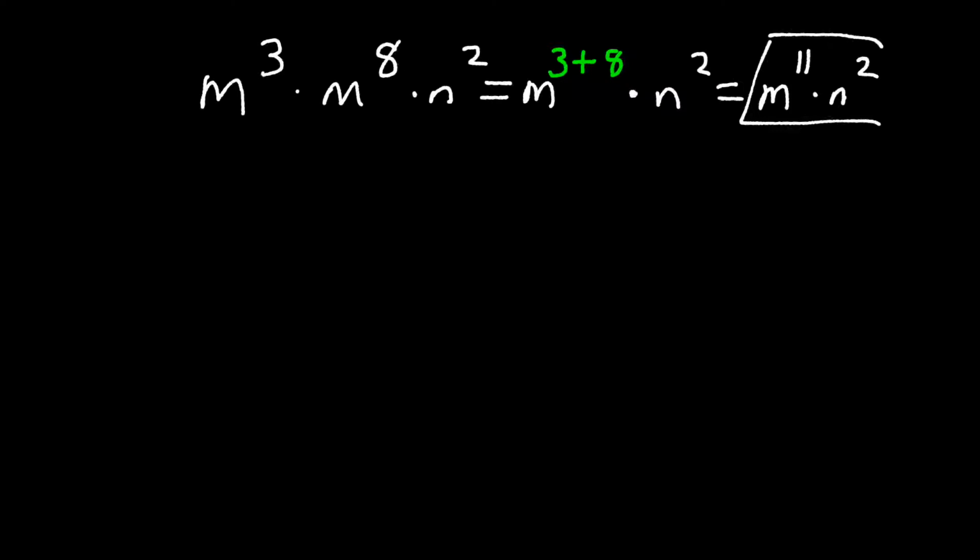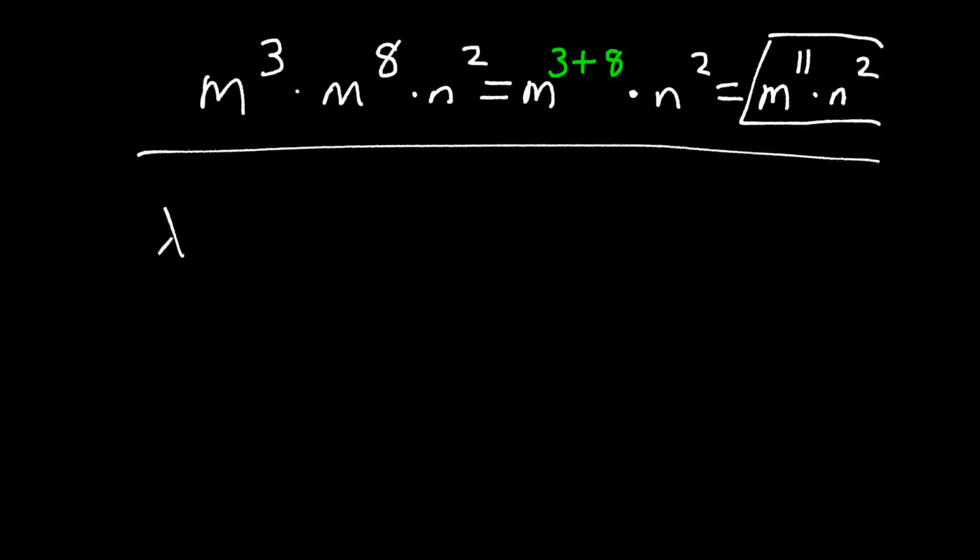Now, what if I had something like this, though? What if I had x times x to the negative 1 times x to the negative 3 times x to the negative 4. All of my exponents have the same bases.